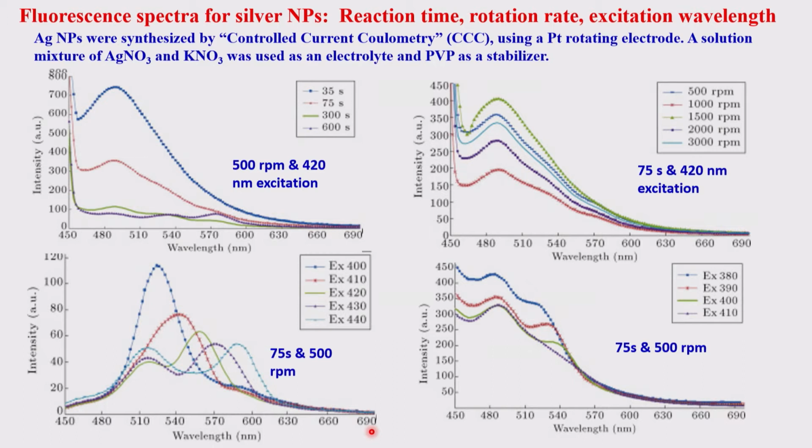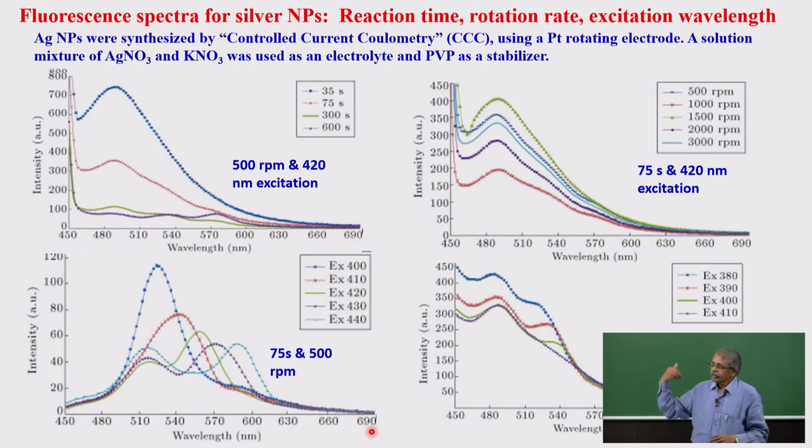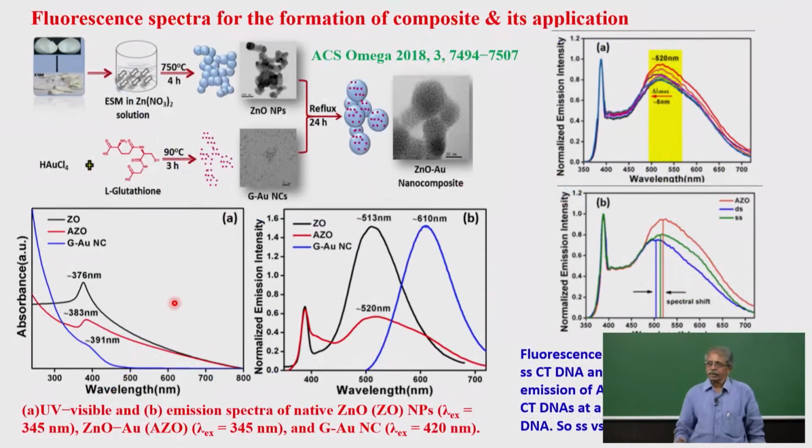I hope you understand this is a kind of application. Depending upon the type of nanoparticle that you have, further applications can be planned. This itself is an application of fluorescence, and further these silver nanoparticles can be used for additional applications. Let's look at another example.